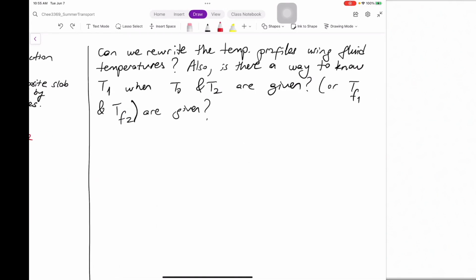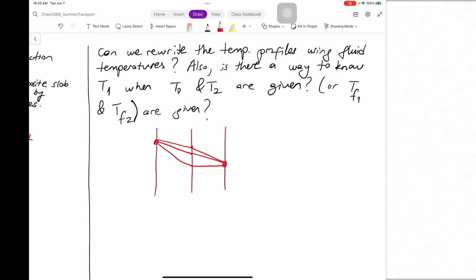So now the question is, how am I going to find those temperatures? Even if I'm given these two temperatures, imagine that your temperatures are like this, and you know that it's linear, but it can be either like this, or maybe like this, or maybe like this.